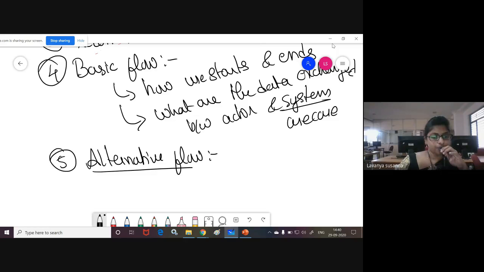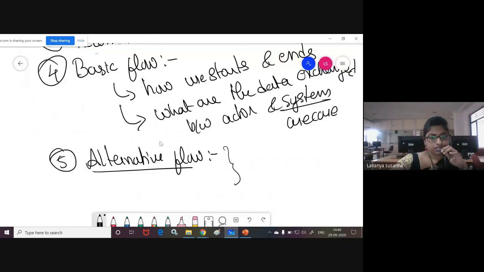That is alternative flow. If there are deviations from the basic flow, you need to represent those alternative flows. If a wrong password is entered, you will get an error message, something like re-enter again, the password is wrong. Those are the alternative flows.